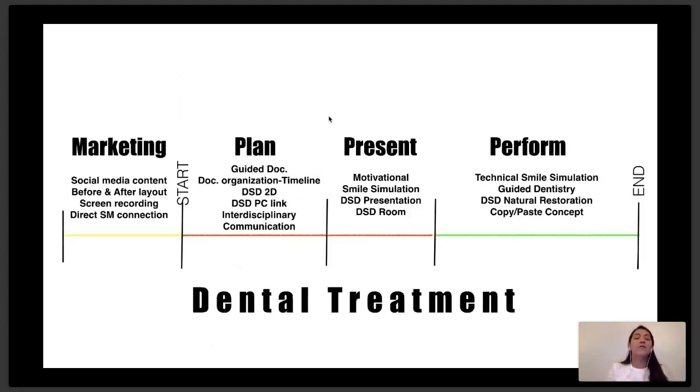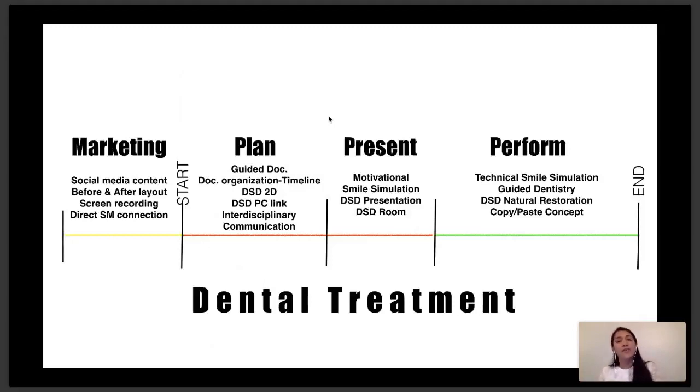Then once you have a patient in front of you, it can help you with planning, because you use the 2D and the 3D smile designs to plan out your design smile journey. The first step is to create a 2D smile simulation. The patient accepts it. Then you create a 3D smile design.